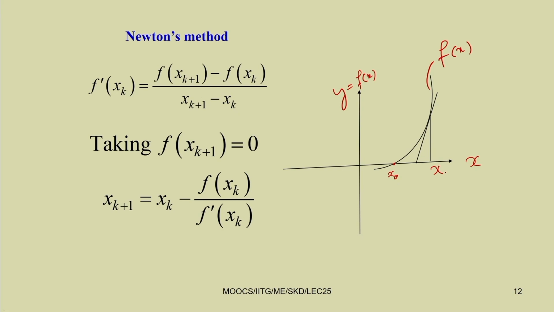Initially we take this point x k, and at x k this is f x k. Here, if we draw a tangent, you can see it cuts the x axis at this point. This point can be taken as x k plus 1.